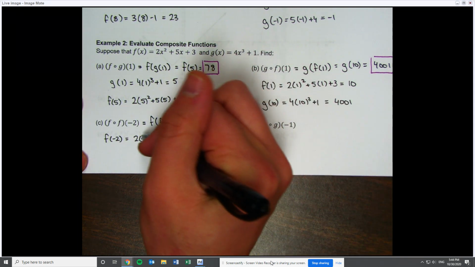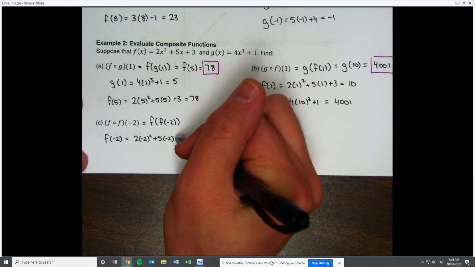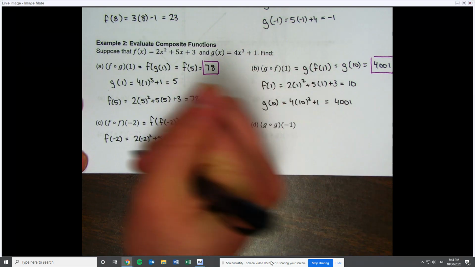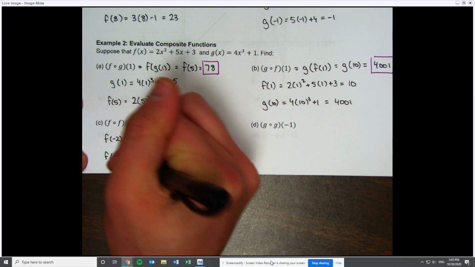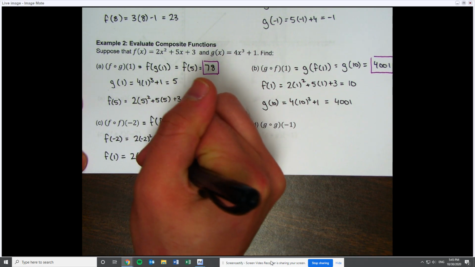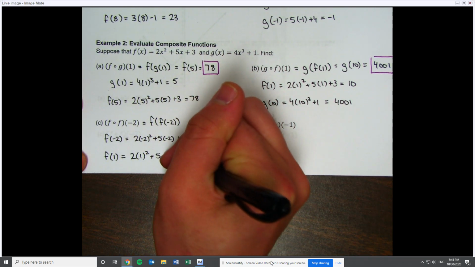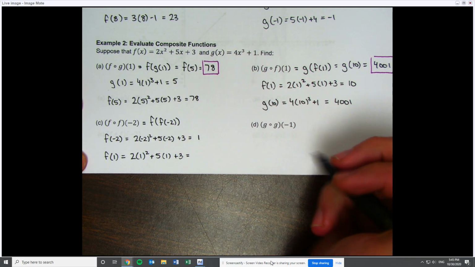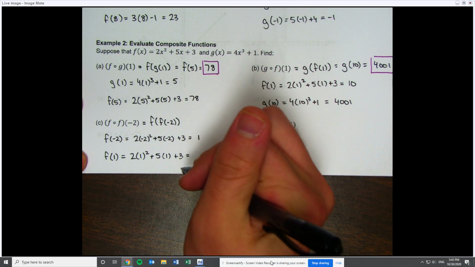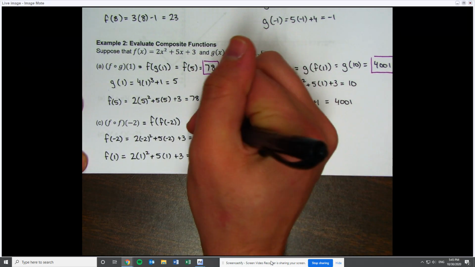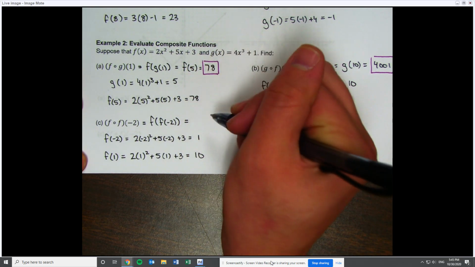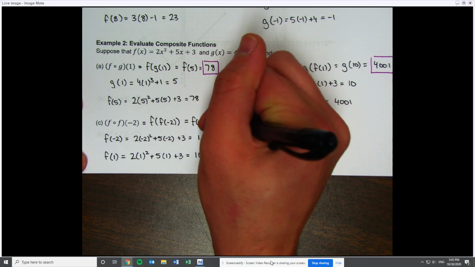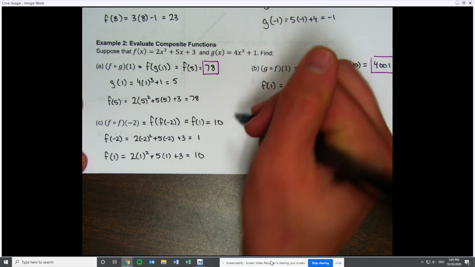Evaluating this, that's 8 minus 10 plus 3 gives me 1. F of 1, 2 times 1 squared plus 5 times 1 plus 3. This I've already evaluated up here, so I know it's going to be 10. So this was f of 1, which is 10.